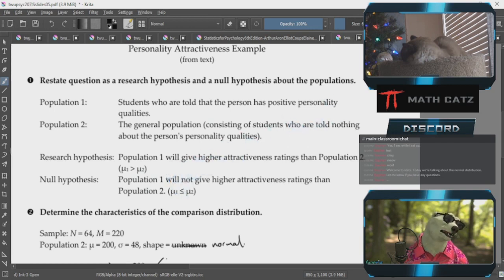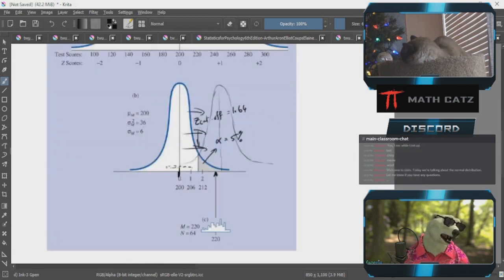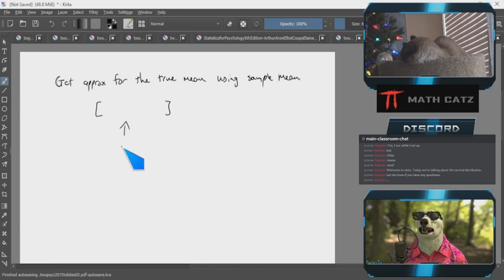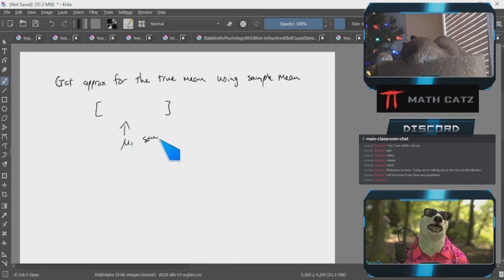Well, we can use our sample, oops, the wrong page. We can use our sample mean to provide an estimate, an interval that contains the mean, we'll call it mu1, somewhere in here.